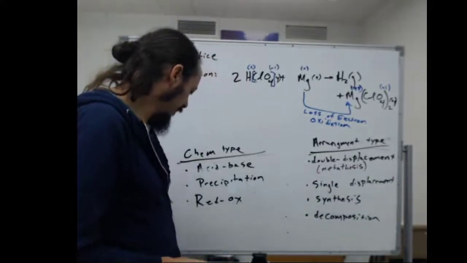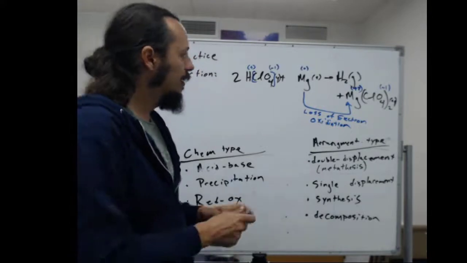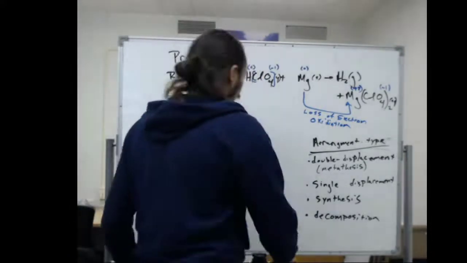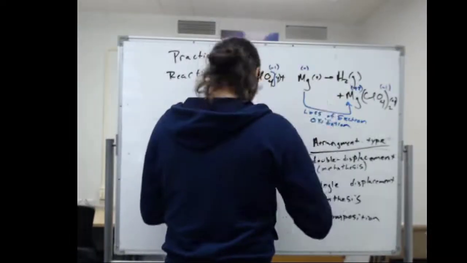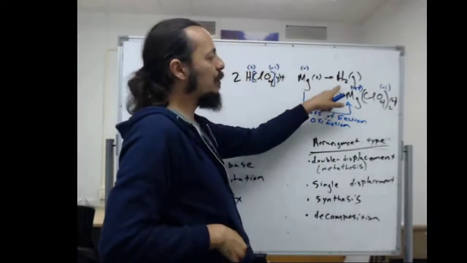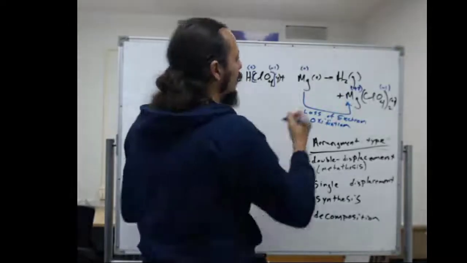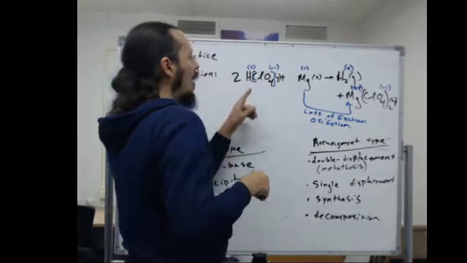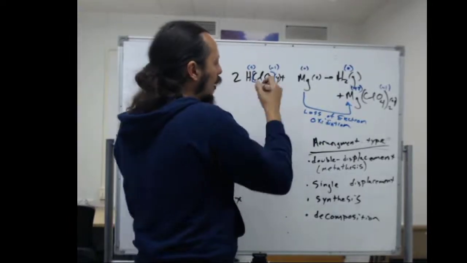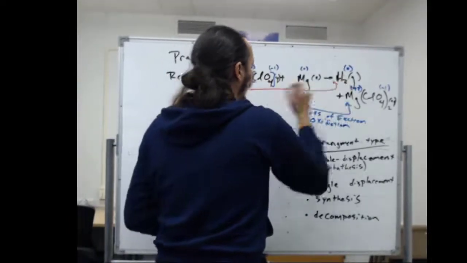The thing that is going to be changing charge in the other way is this hydrogen going from a +1 to a 0, right? Whenever we've got our diatomic gases, there is 0 charge. So I'm losing a positive charge, or rather I am gaining a negative charge.